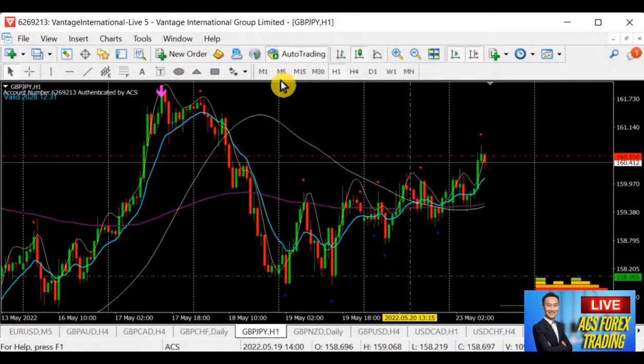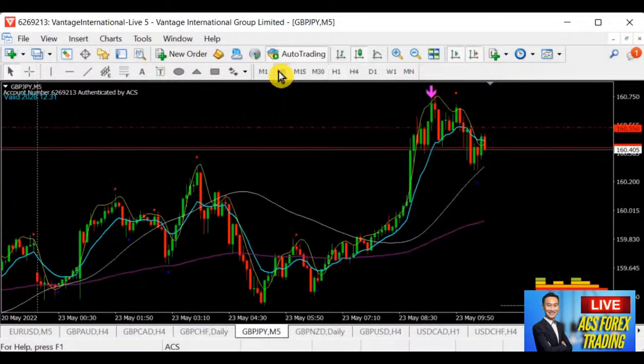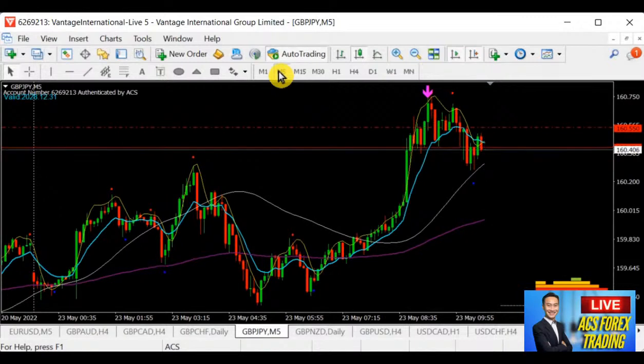So I'm still waiting for a good chance to have a selling signal. But currently, if you're asking me tentatively, if I'm going to sell this right now, I won't be selling this immediately. Because as you can see, like I mentioned, at this stage here on the M5, I'm still above the white line.